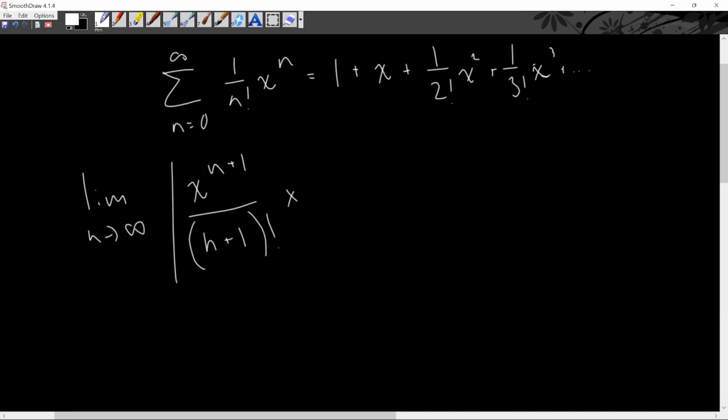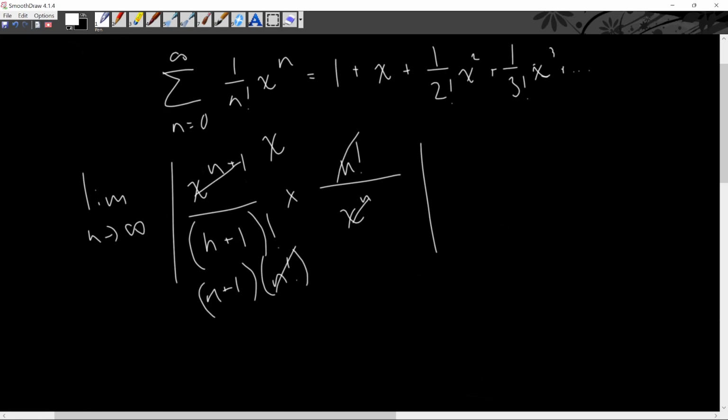And then times the reciprocal, so we're going to have n factorial up there, and then x to the n in the denominator, so we can cancel. We're going to be left with x there. N plus 1 minus n is, again, just 1. And n plus 1 factorial, as we said before, is equal to n plus 1 times n factorial. Right, so these can cancel, and we're just going to be left with x over n plus 1.